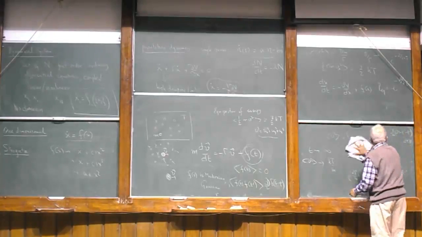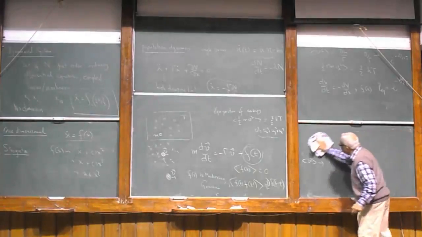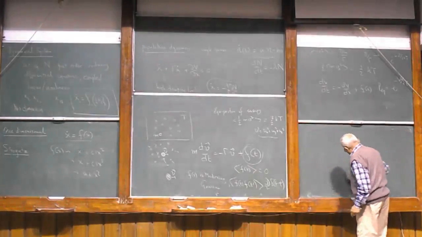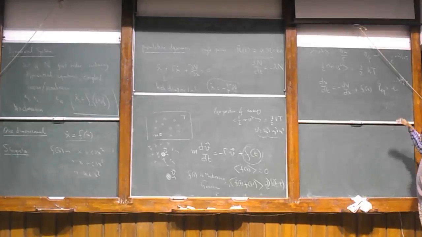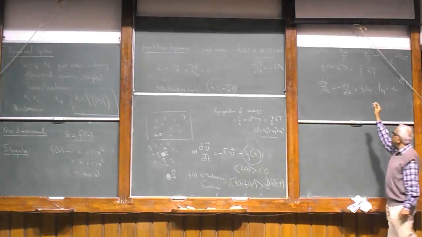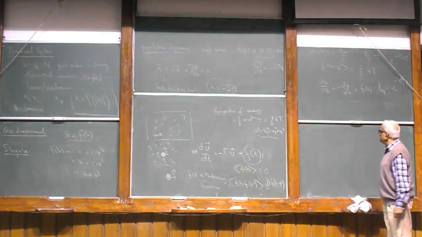So going back, this simply says that if somebody says this is at a temperature T, and the x variable is distributed as e to the power minus Vx over kt, then that would imply that the dynamics of x look like this.